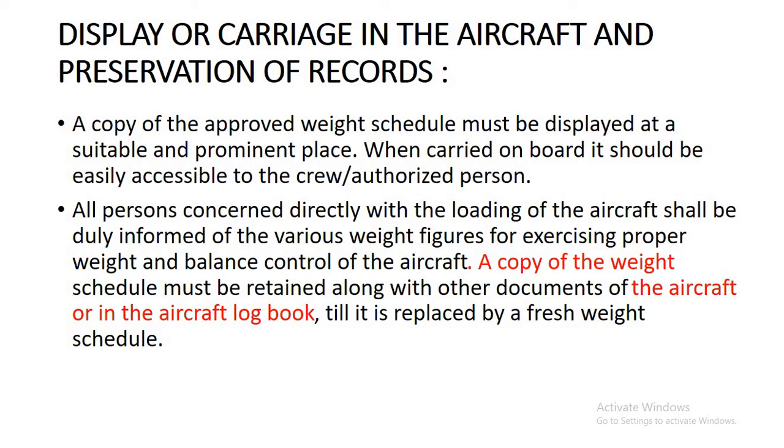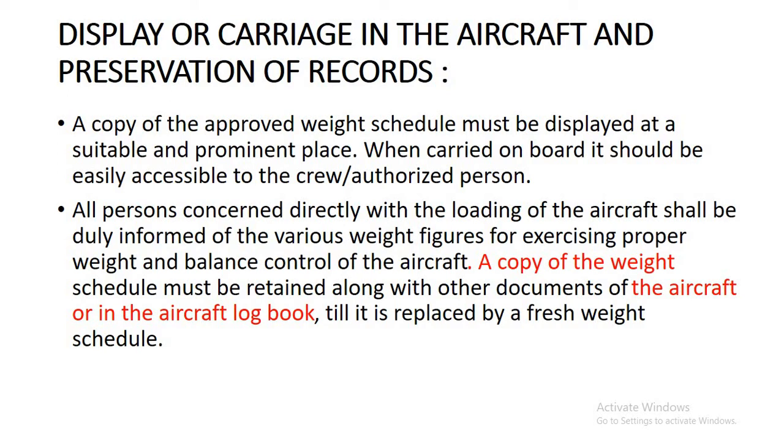All persons concerned directly with the loading of aircraft shall be duly informed of the various weight figures for exercising proper weight and balance control of aircraft, and a copy of the weight schedule must be retained along with other documents of the aircraft or in the aircraft logbook till it is replaced by a fresh weight schedule. So every person who is conducting work related to aircraft load and trim sheet should be informed and should have access to this weight schedule.